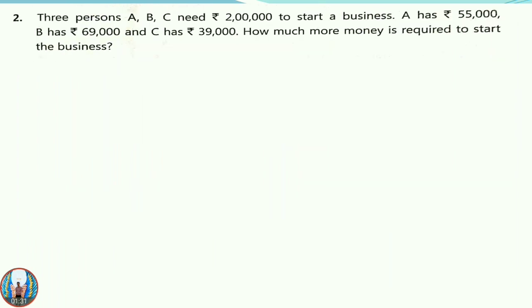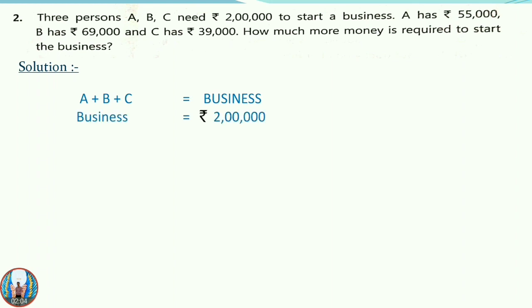The second question. 3 persons A, B, C need 2 lakh rupees to start a business. A has 55,000 rupees, B has 69,000 rupees and C has 39,000 rupees. How much more money is required to start a business? So first of all we need to see how much money they have altogether.